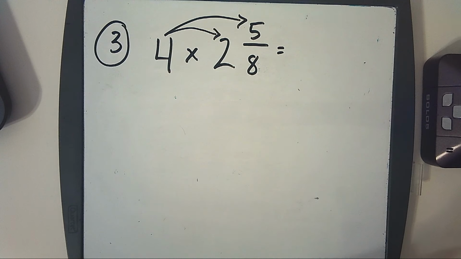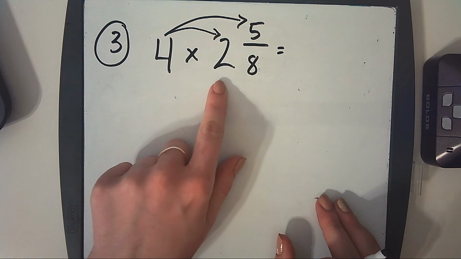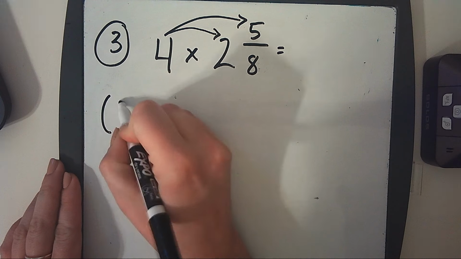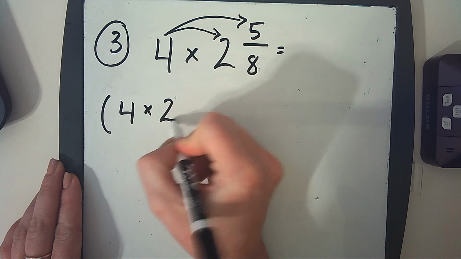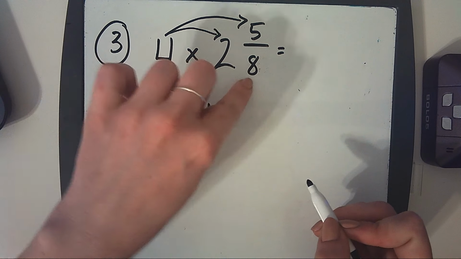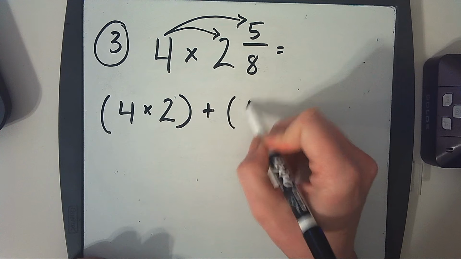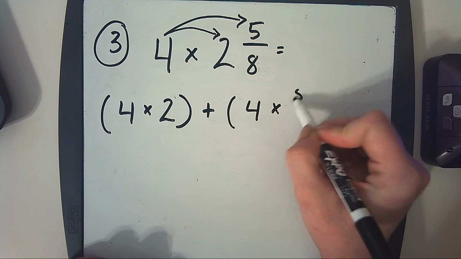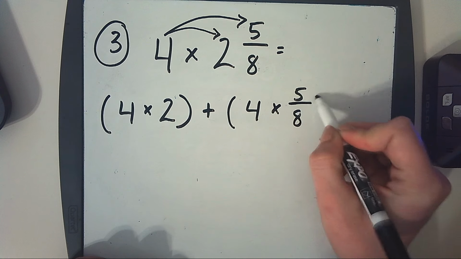And my first equation is 4 times 2. And my next equation is whole number times the fraction part. 4 times 5/8.